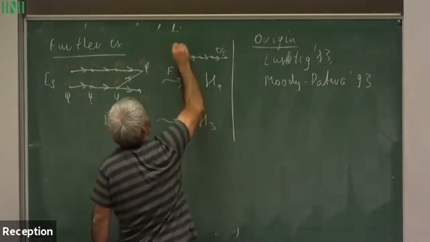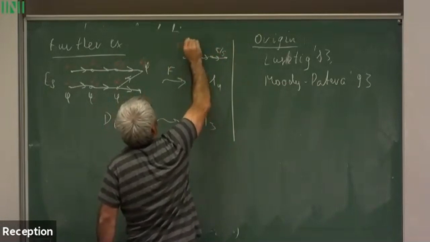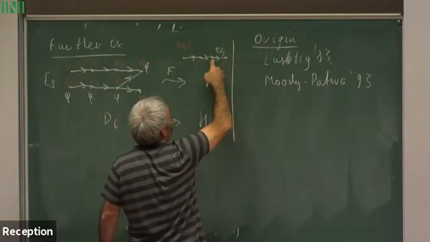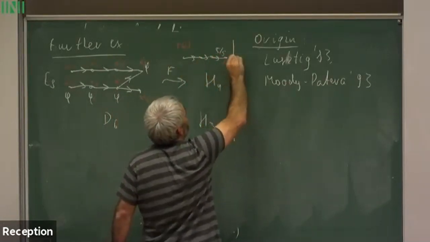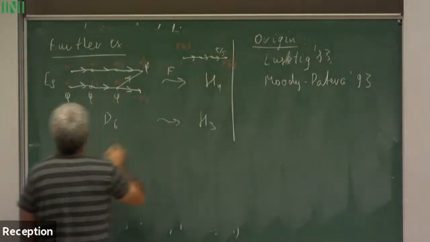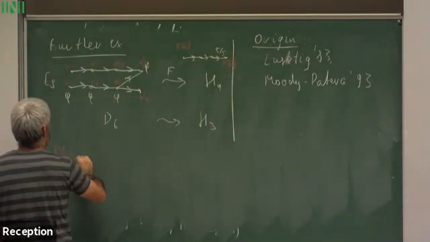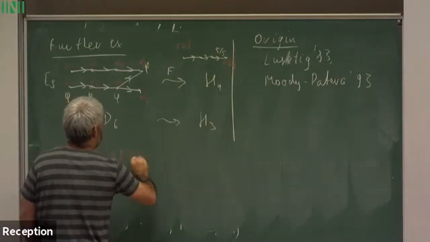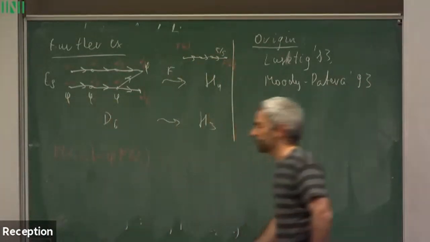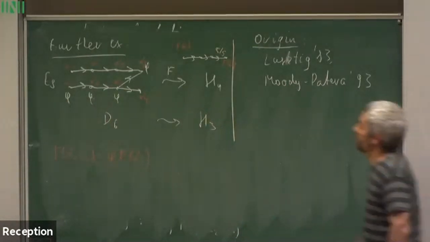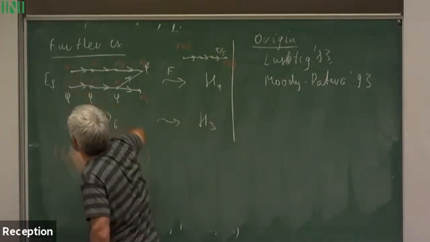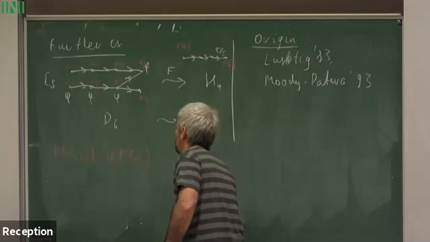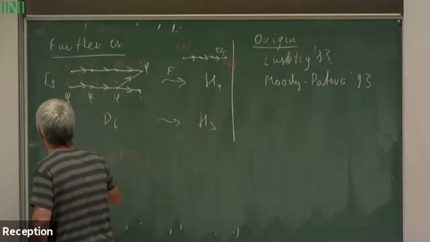Here I write f of alpha 1, f of alpha 2, f of alpha 3, f of alpha 4. The image f of alpha i plus 4 is equal to phi times f of alpha i. The image of this is phi times the image of this. Then I extend this by linearity.